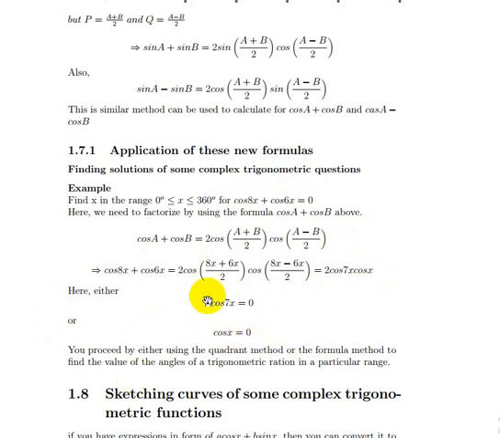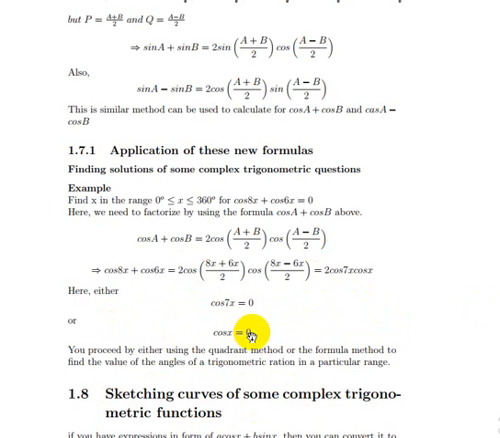Now I'm going to proceed by the simple method that you have seen above. Let's say the first case, we have cos x equals 0. I'm first going to find the reference value and use my quadrant method. My reference value here is going to be PV equals cos inverse of 0, which is 90 degrees.